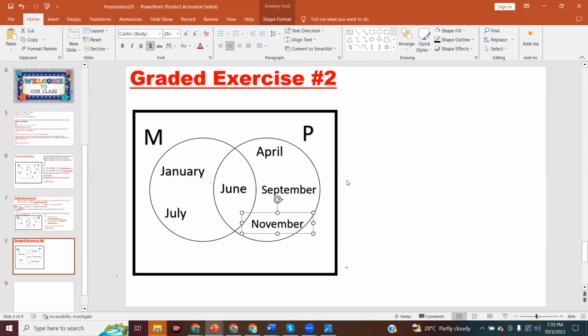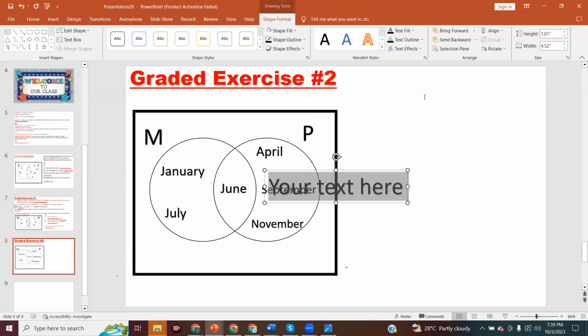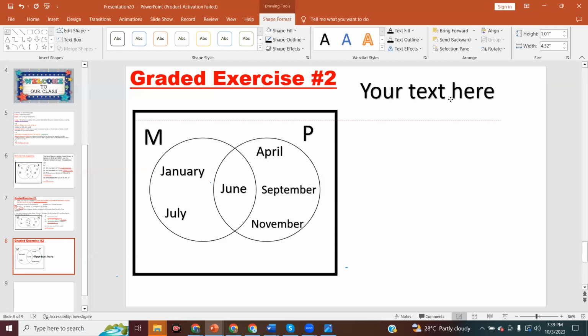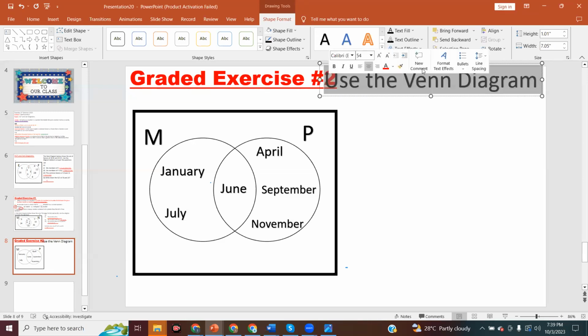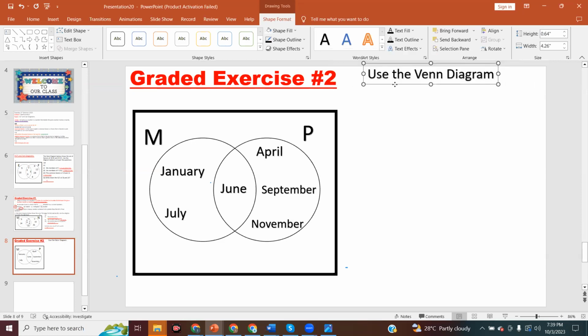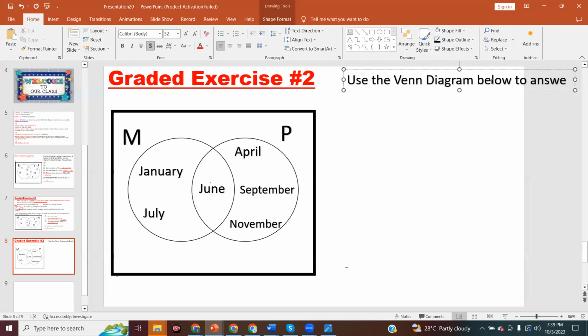All right, so the question says that we want to use the Venn diagram below to answer the following questions.